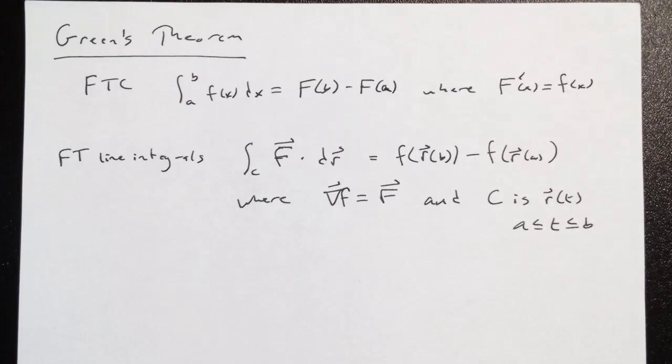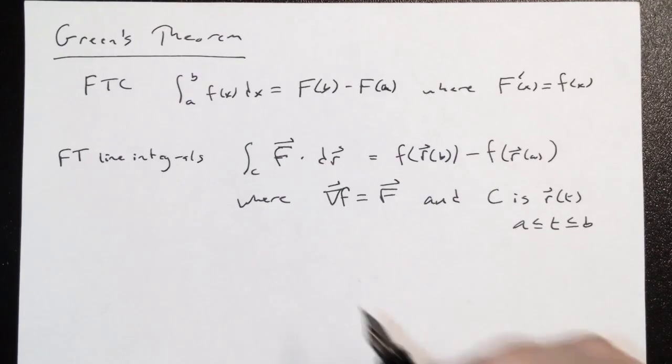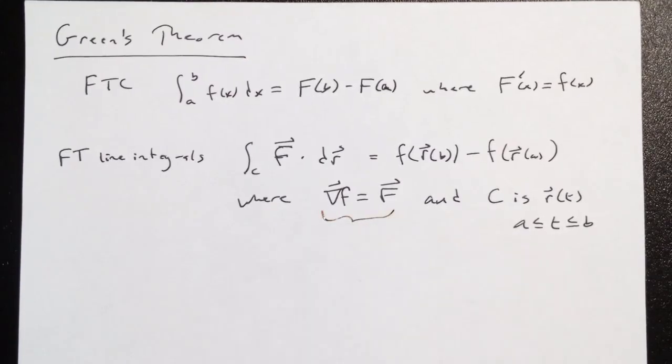And then because of that, I know that the only way I can find this generalized antiderivative is when I have a conservative vector field. So this is the problem with the fundamental theorem for line integrals.